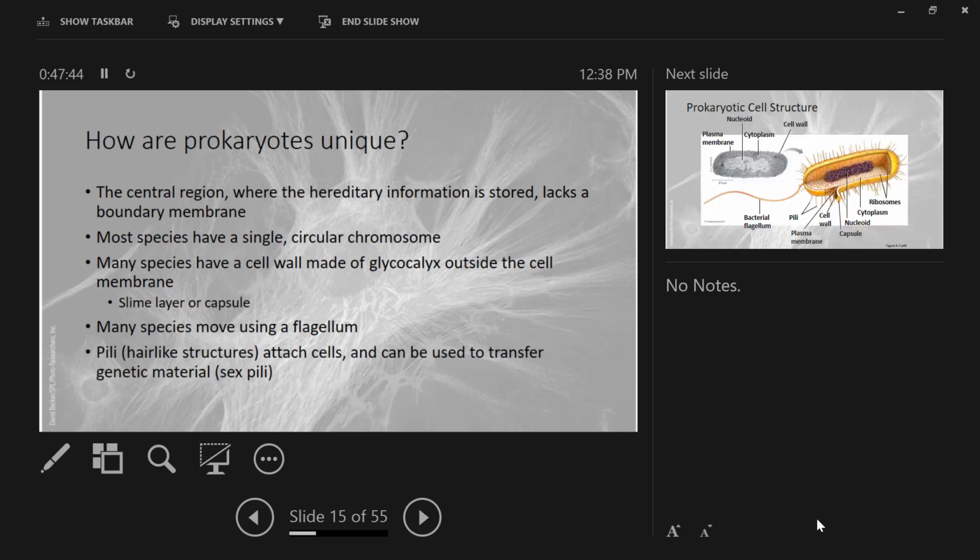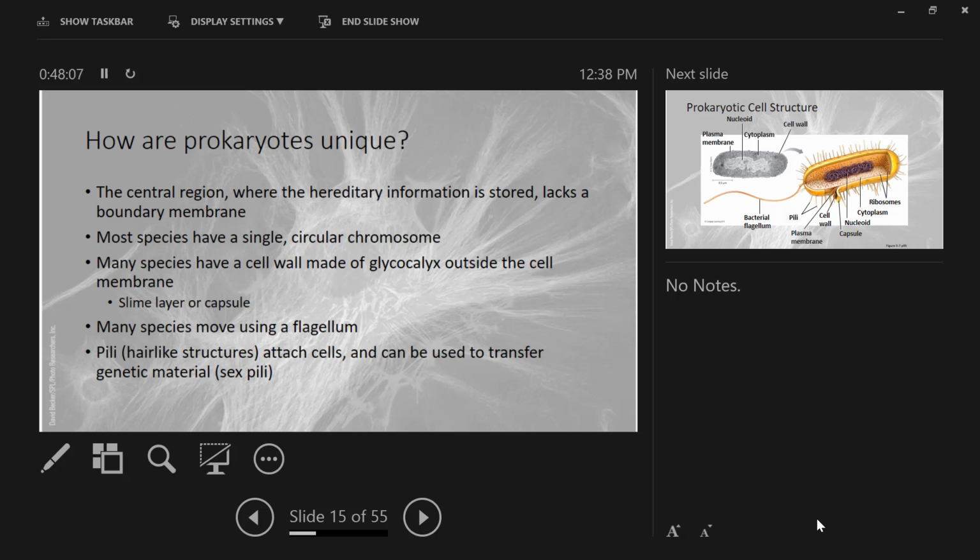And then one last thing that is unique to prokaryotic cells are these structures called pili that actually function to anchor two cells together. And some of them are hollow inside and can be used to move genetic information, and so we call them sex pili, because they're transferring genetic material from one individual to another.